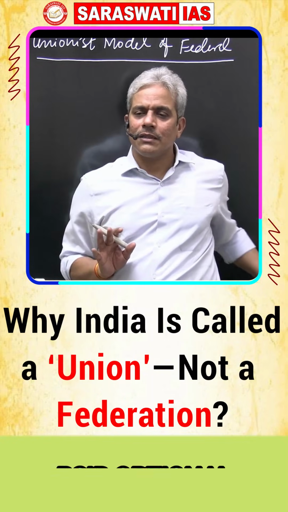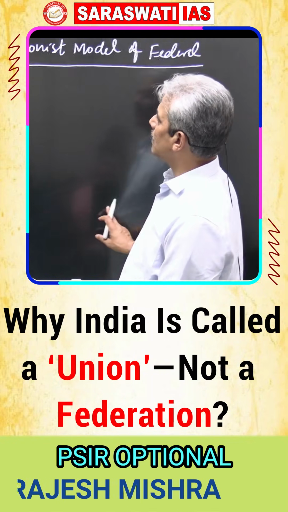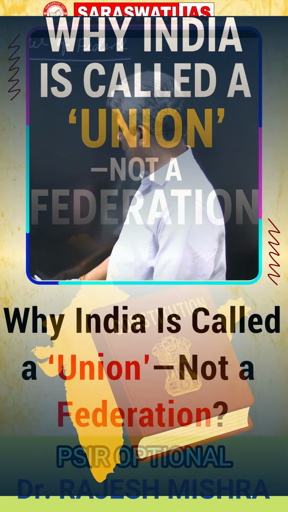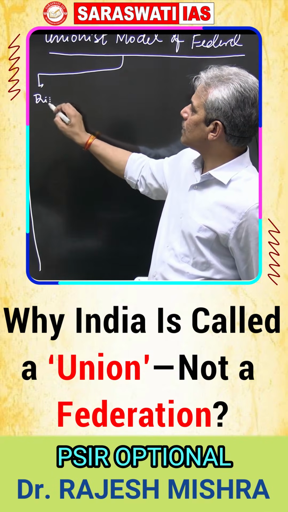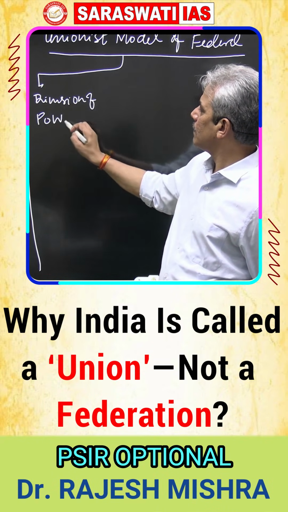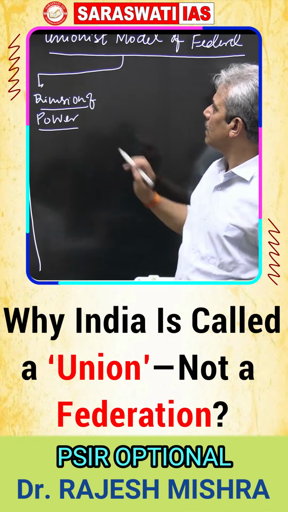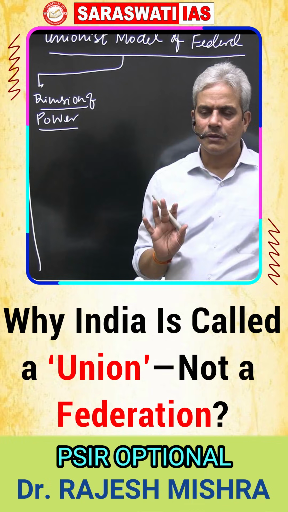Then what is the ultimate difference between the union and the federation? The matter is very simple. In the unionist model of federation, they also believe in the division of power, or sharing of power. Union means also division of power, sharing of power.